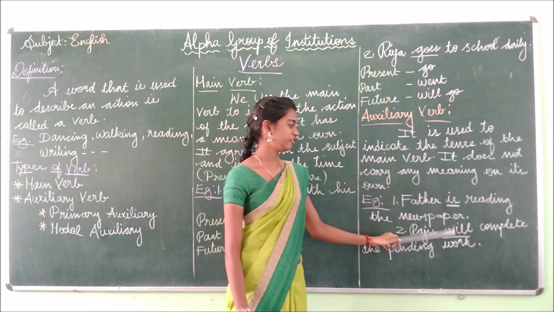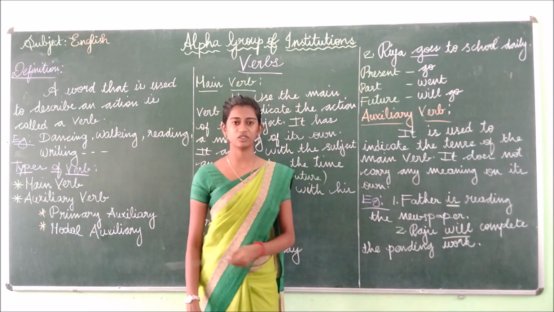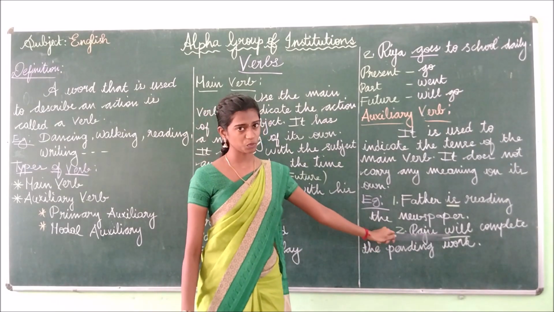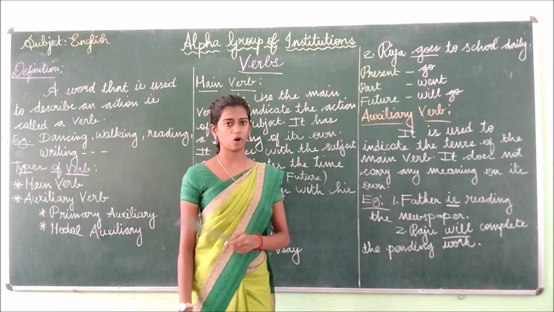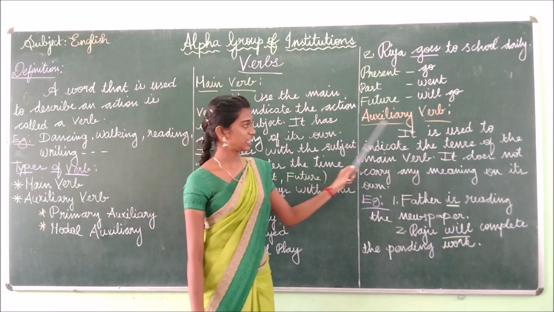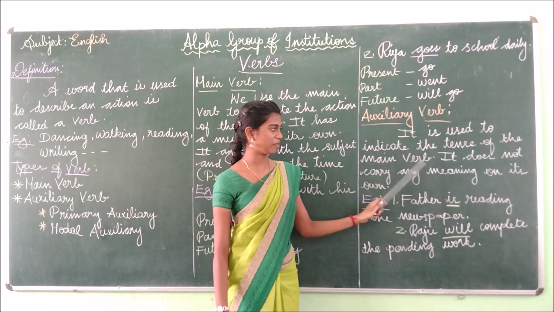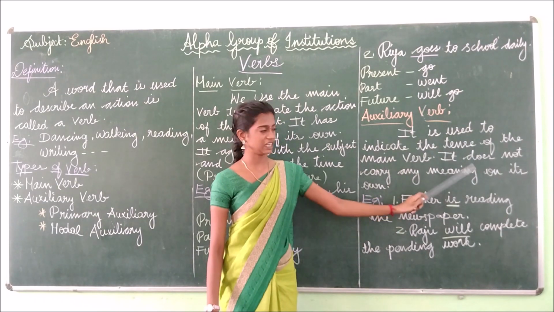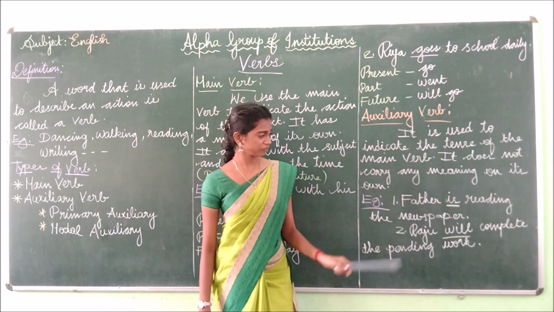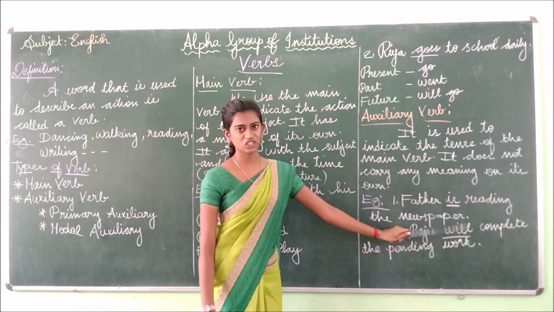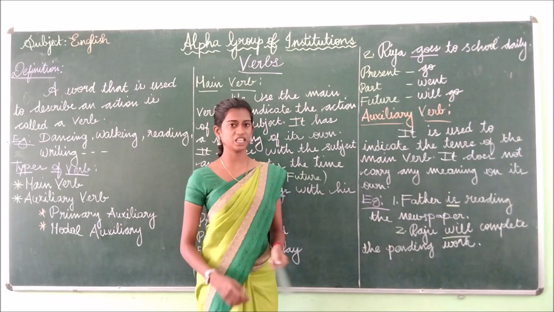The auxiliary verb "will" can't stand on its own, so it is known as the auxiliary verb. It is used to indicate the tense of the main verb and does not carry any meaning on its own. Examples are: Father is reading the newspaper, Raju will complete the pending work.